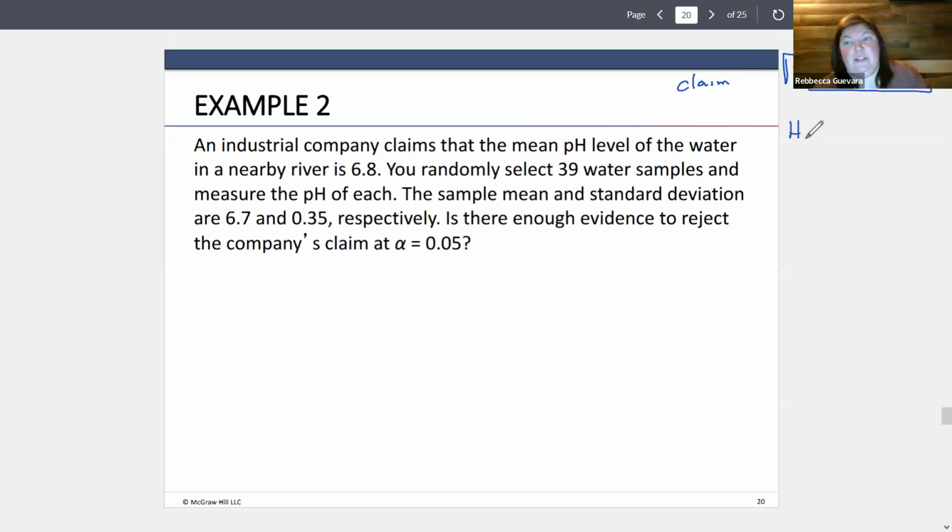You randomly select 39 water samples and measure the pH of each. The sample mean and standard deviation are 6.7 and 0.35 respectively. Is there evidence to reject the claim? So to reject the claim, all I'm saying is the pH level is not 6.8. So here, we're going to deal with a two-tail test.